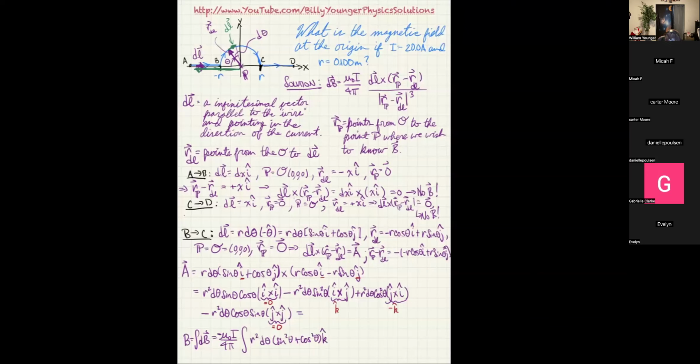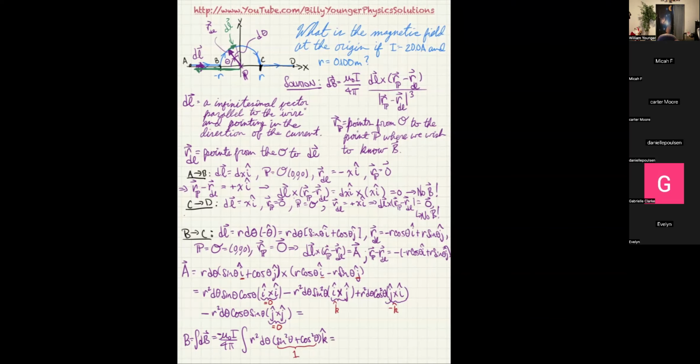So does everybody see that that's all that's left? And of course, sine squared plus cosine squared, I know everybody knows that one, is just 1. So what we're going to get is the integral of r squared, which is a constant.